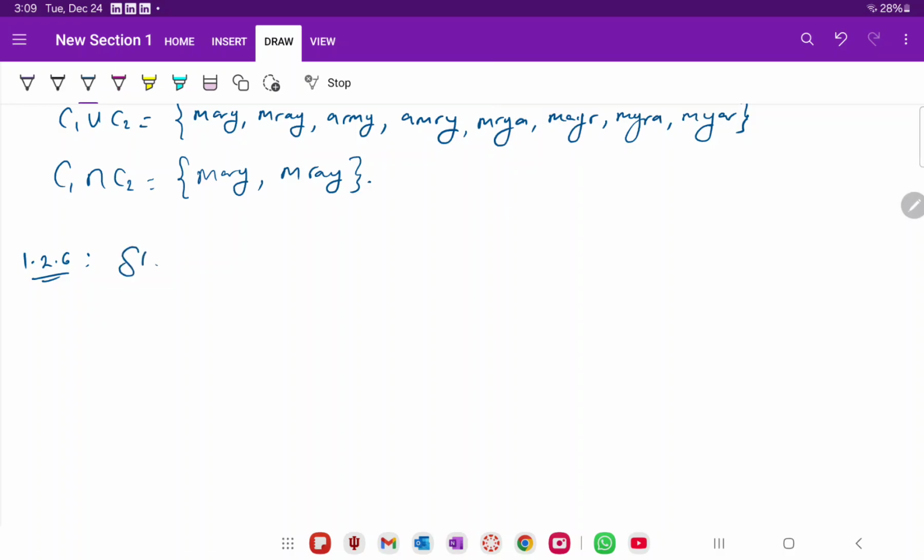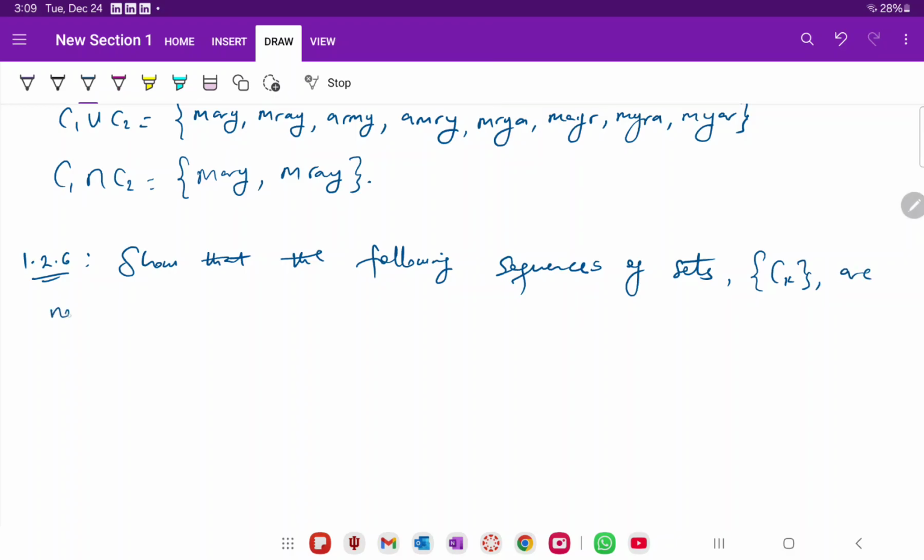Show that the following sequences of sets C_k are non-decreasing. Then we have to find their limit as k tends to infinity of C_k.